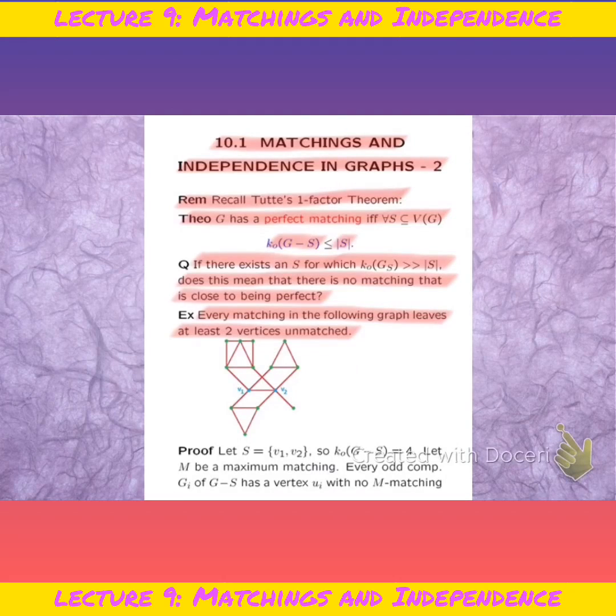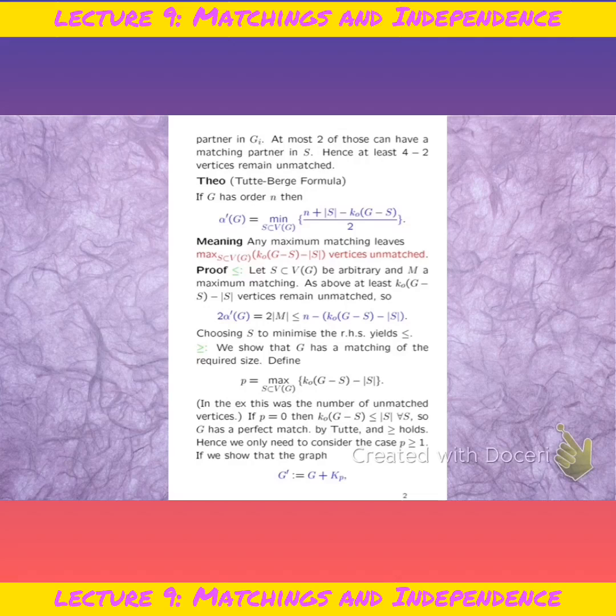Again, what I just described is given here in this proof. There I'm removing the set S, and if you take a maximum matching and look at the odd components, within each odd component there's going to be an unmatched vertex, and we need to find a matching partner for these unmatched vertices. In total there are going to be 4 unmatched vertices, and I can only use the set that I removed to find a matching partner for them.